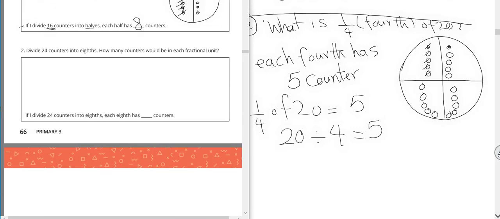The third one, divide 24 counters into eighths. How many eighths in one whole? 8 eighths.